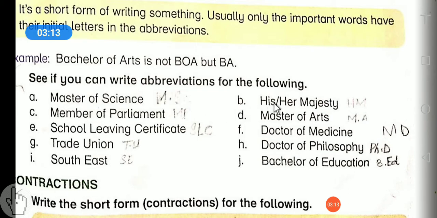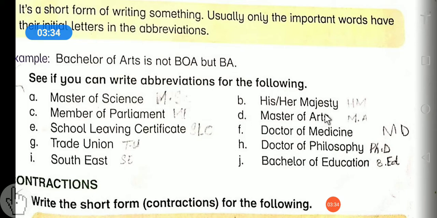Number 2, Her Majesty is capital H, capital M, without any dot. Number 3, Member of Parliament, it's MP, both capital.